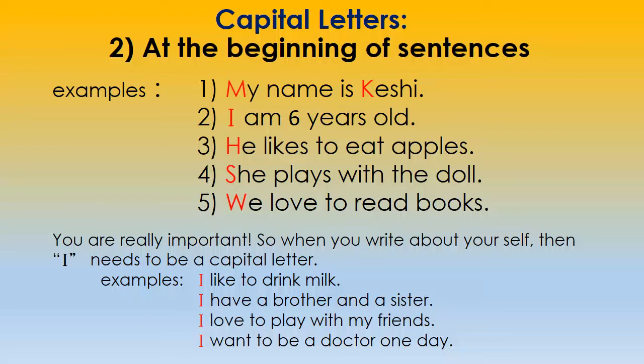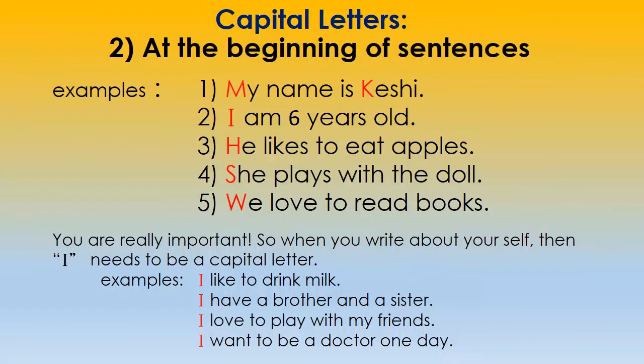Then I would like to tell you this. You are really important. So when you write about yourself, then I needs to be a capital letter. That means when you write about myself, we use I. For example, I am 6 years old.